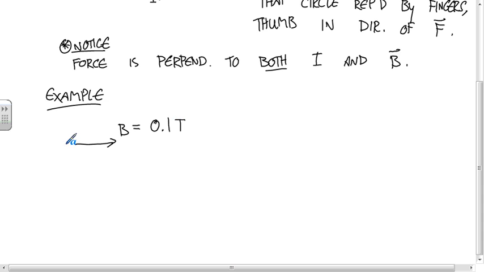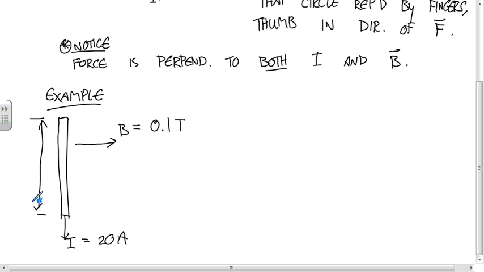And let's say that the current direction is, so there's the wire. And let's say that the current is 20 amps, okay? And let's say that the amount of wire that's exposed to that magnetic field is 0.5 meters, okay?